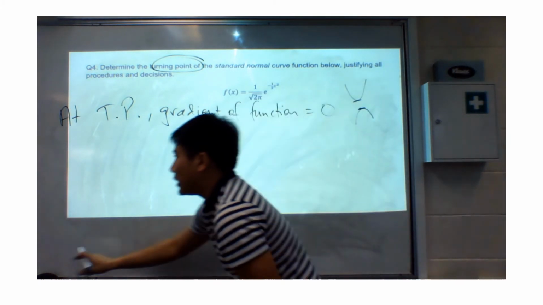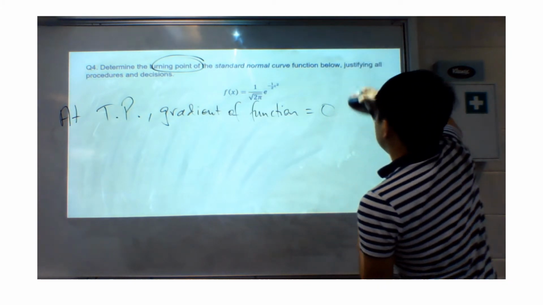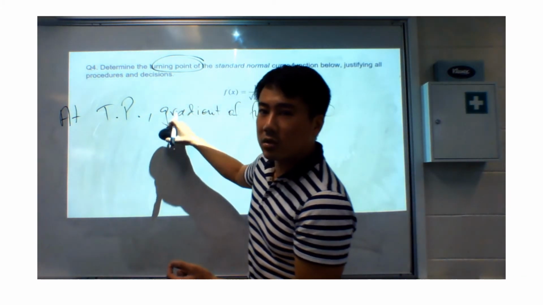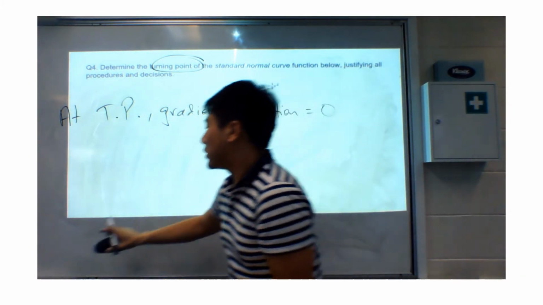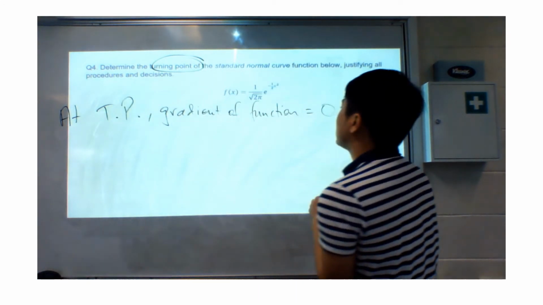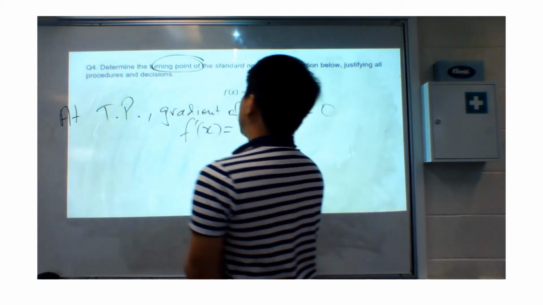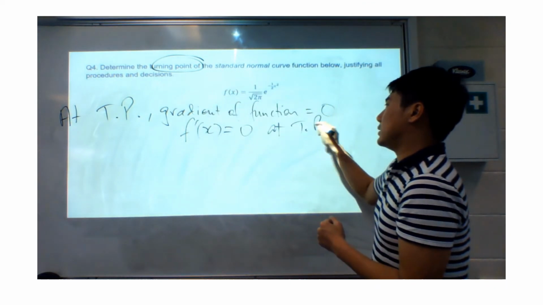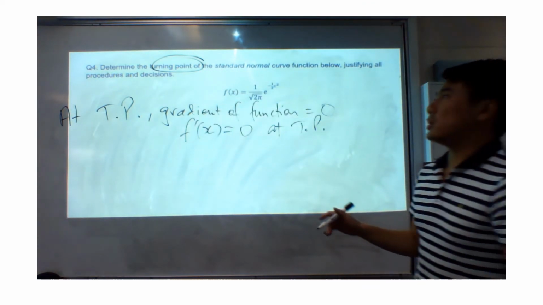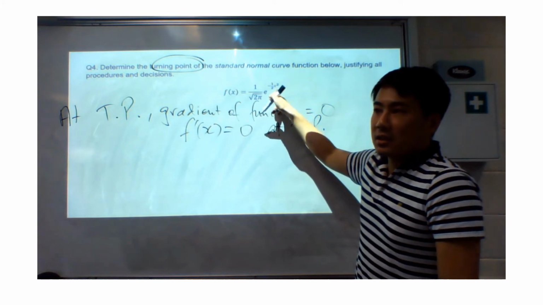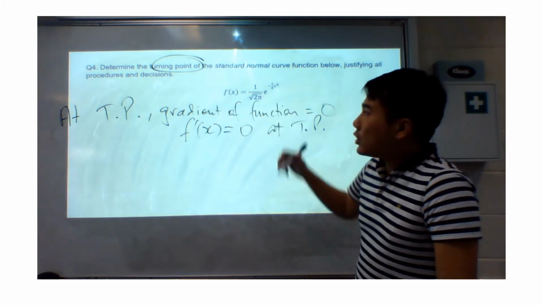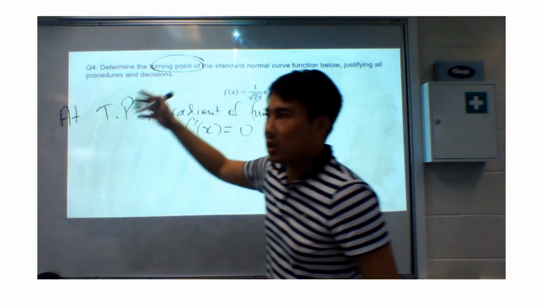Gradient is 0. If we are trying to find the gradient, what do we need? The derivative. So the gradient of the function is 0, or we can say f dash equals 0 at the turning point. So what we need to do is differentiate this function. So we need to find f dash of x.